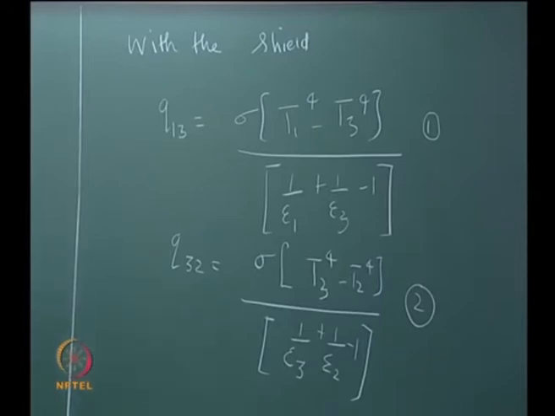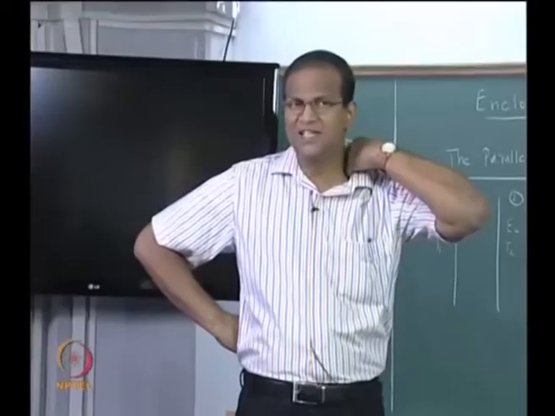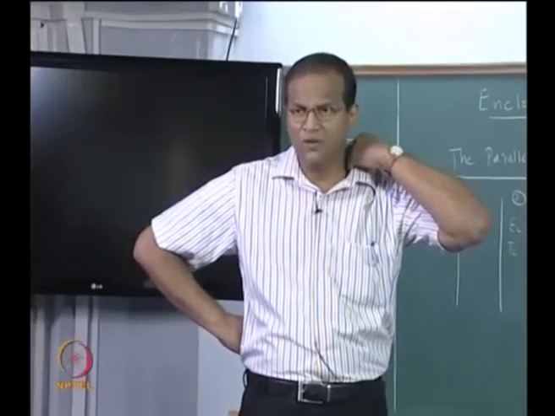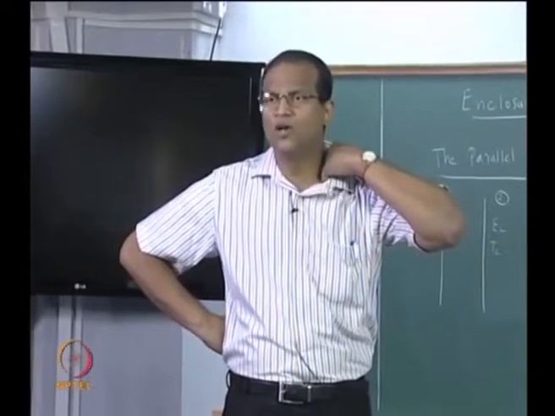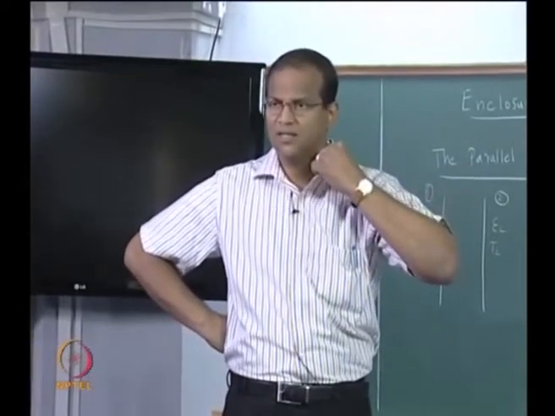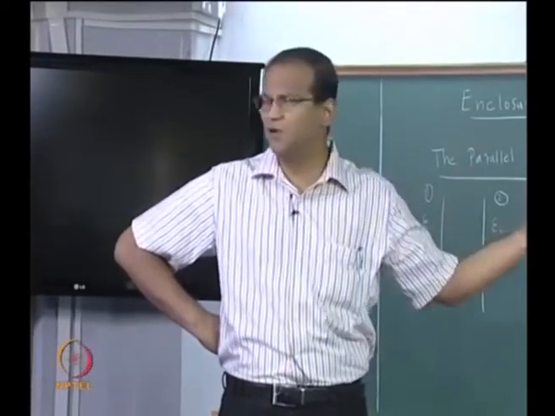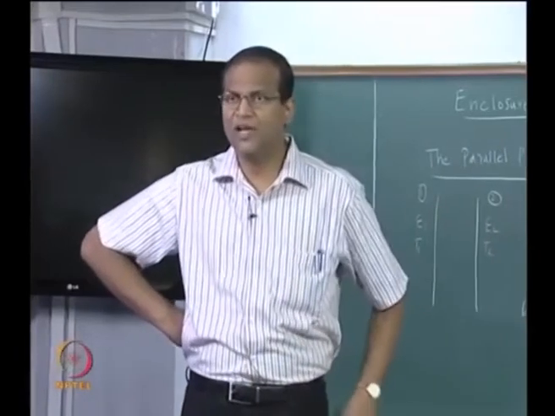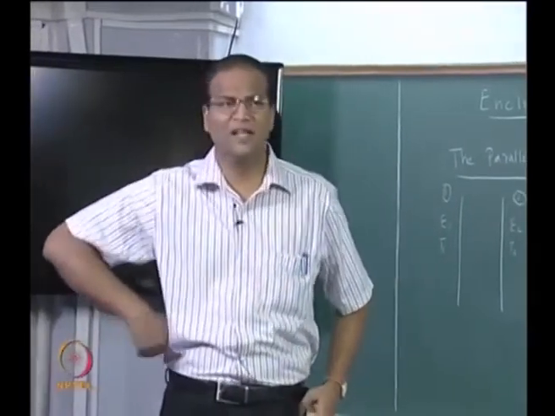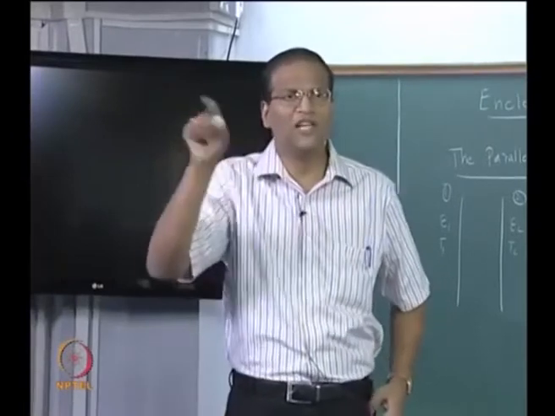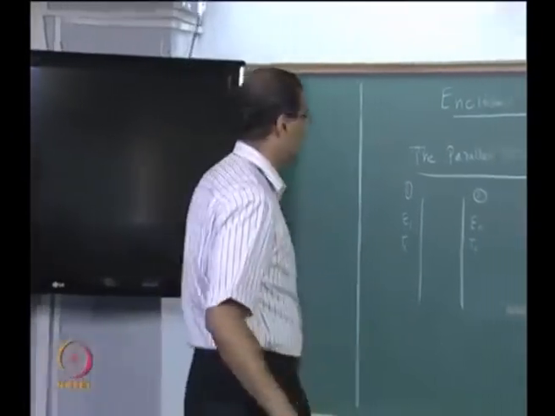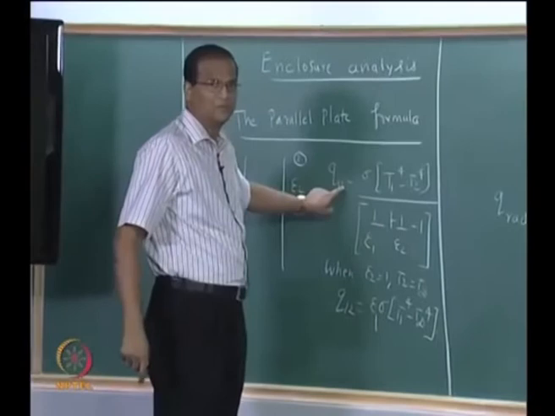What can you say about Q13 and Q32? Under steady state Q13 must be equal to Q32, it is also equal to Q12 with shield, is it correct? It is eventually the heat which is going from the left to the right. So we can qualify it as saying that it is Q1 with shield, Q1 without shield is this, correct?